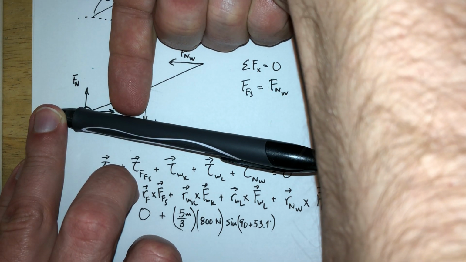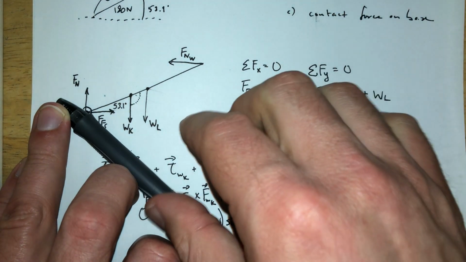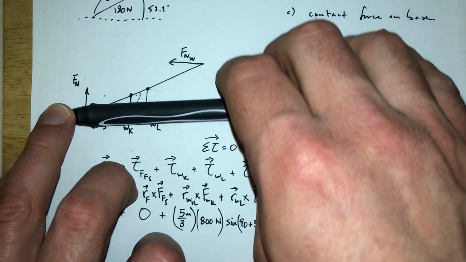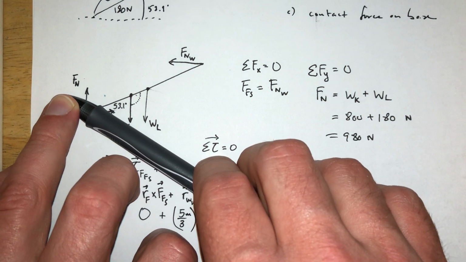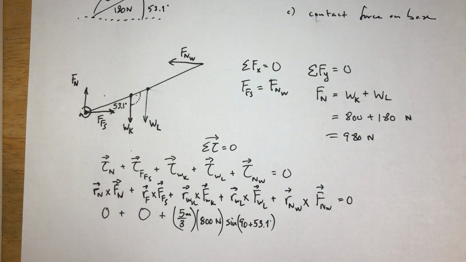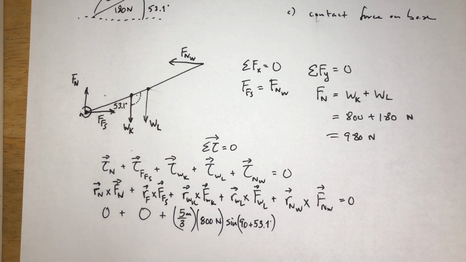That force, if it caused the ladder to rotate, would tend to make it rotate clockwise. Okay. And we said that clockwise rotations were negative and counterclockwise rotations were in the positive direction, because that's how we define positive angles.